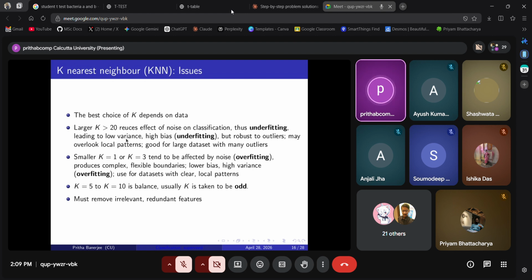So high bias and low variance, but robust to outliers. It may overlook things, because with this high k value, you are looking for the class of a point X which has a very large neighborhood. If you are increasing the distance from that point, obviously the further points will be less similar to it, right?